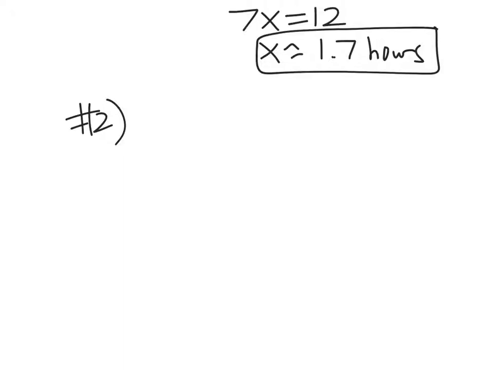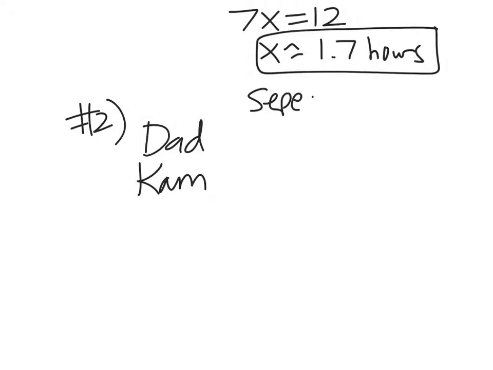But he encouraged her to write down the information, set up an equation, and she did, and had her answer in no time at all. So here we go. Here's the dad, and here's Cameron. Separately, Dad can do the job in 8 hours.